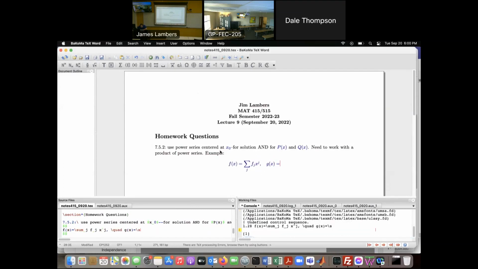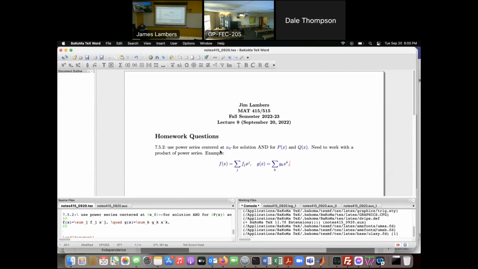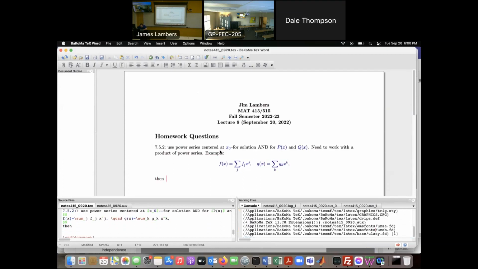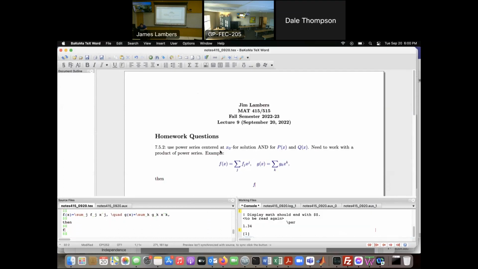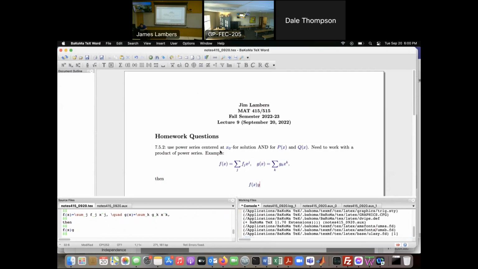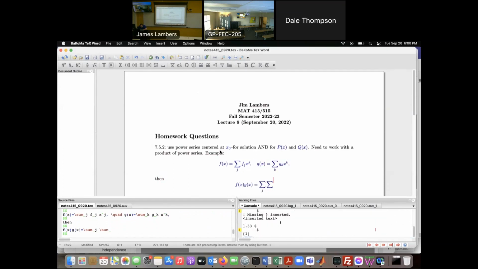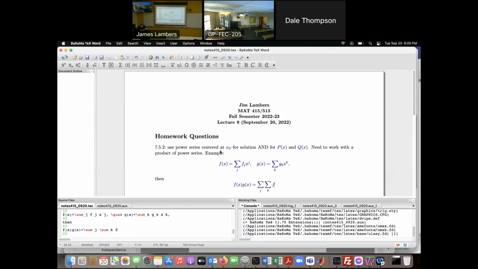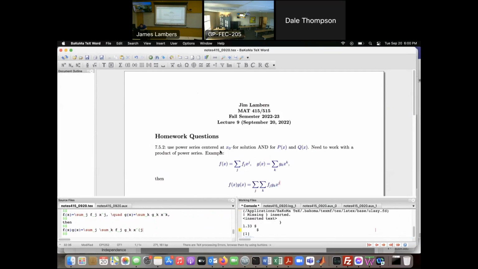I'll use a different index here. So then you have f times g. Then you have the double sum, with x to the j plus k.